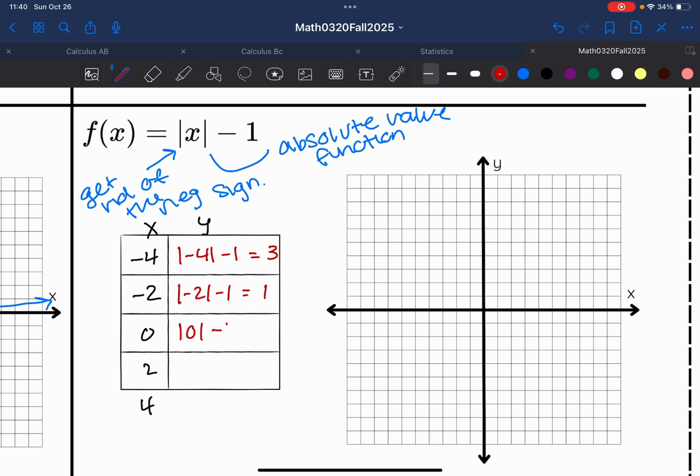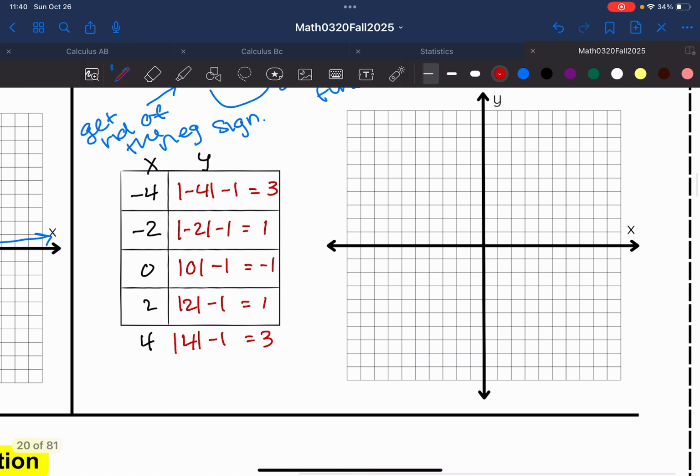Absolute value of 0 minus 1, well, that's just -1. Absolute value of 2 minus 1 is 1. Absolute value of 4 minus 1 is 3. So I have the following points. I have -4, 3, -2, 1, 0, -1, 2, 1, and 4, 3.